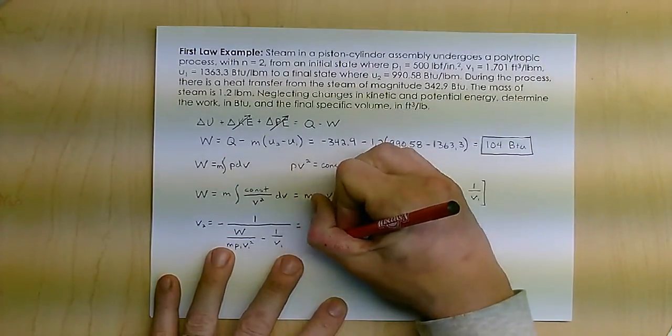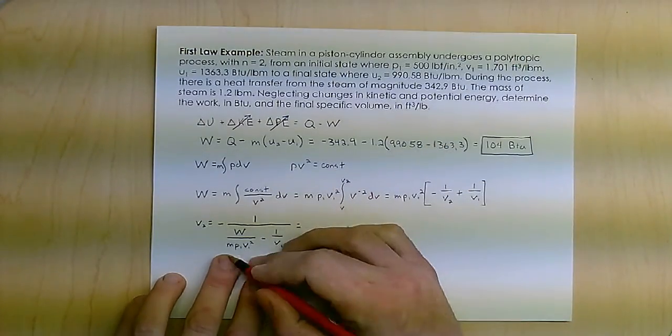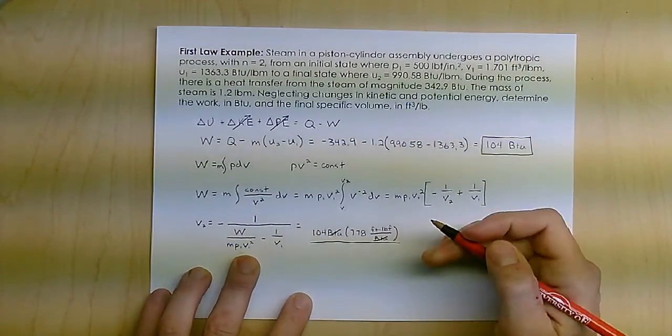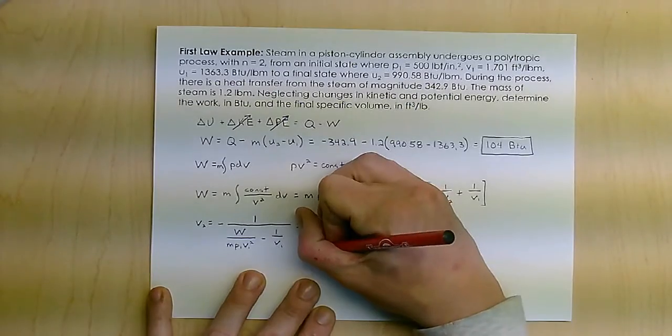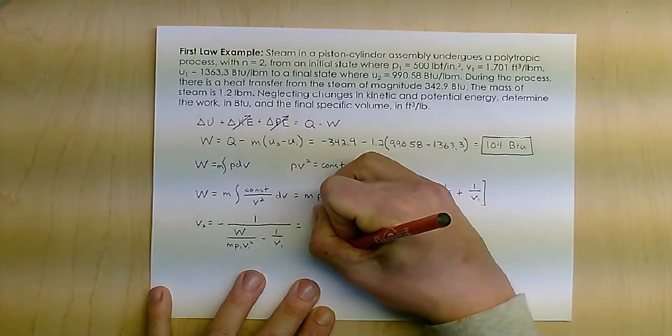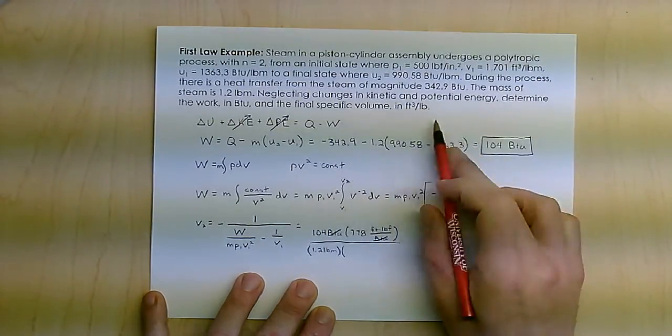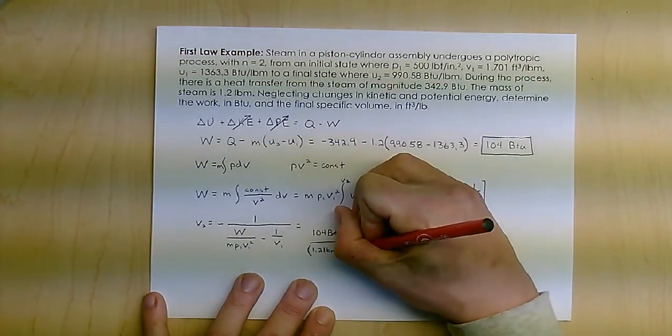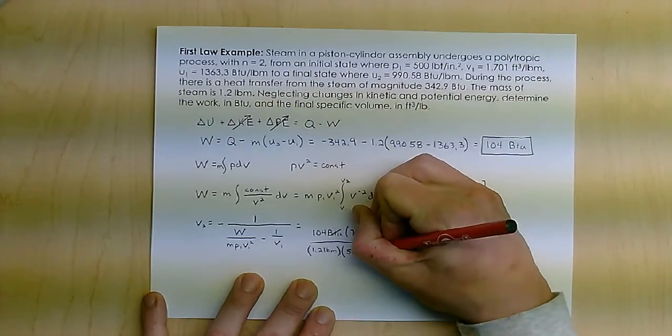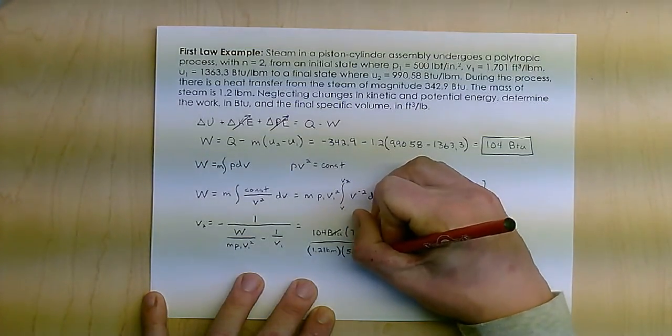That is then going to be divided by M P1 V1 squared. So M is 1.2 pounds mass, P1 is 500 pounds force per square inch.